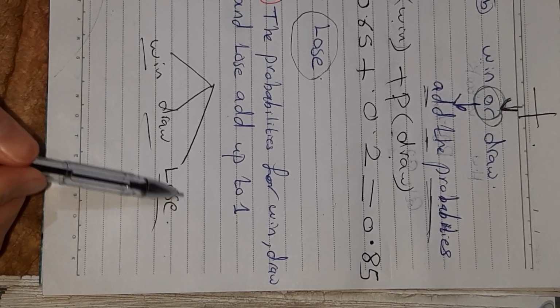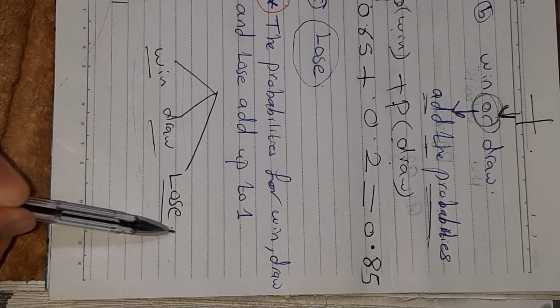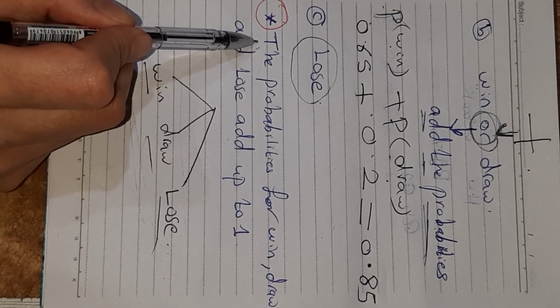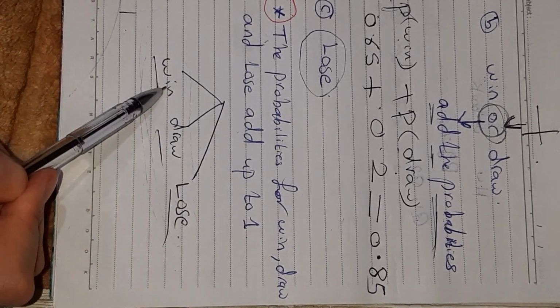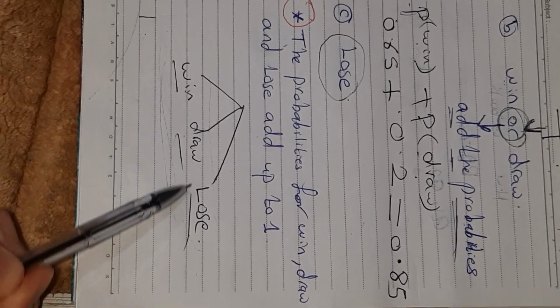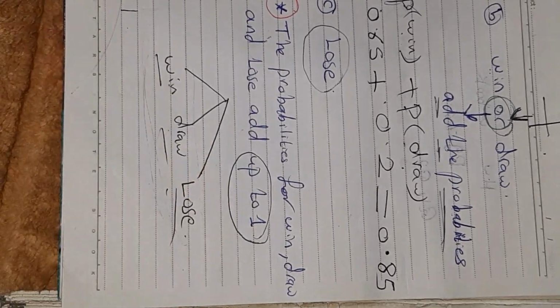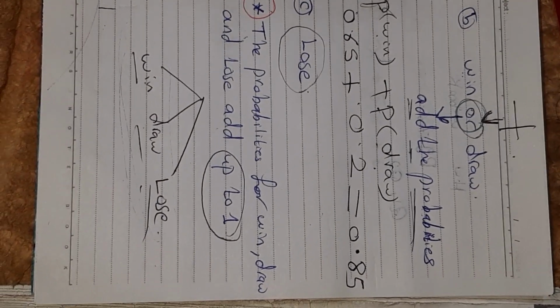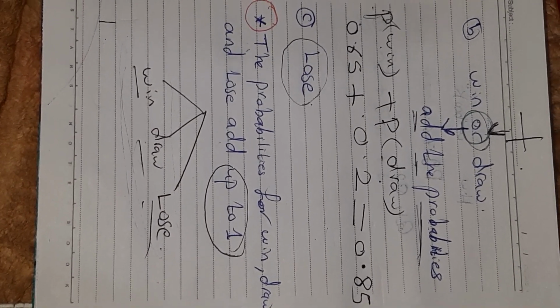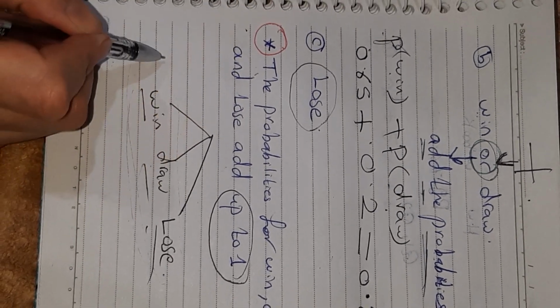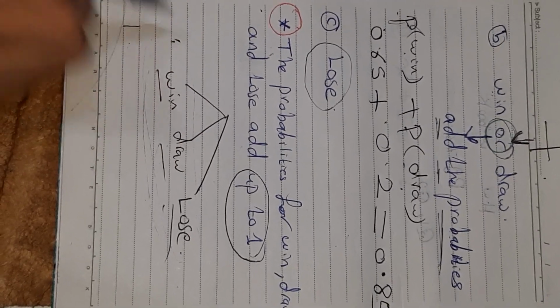You have to know the probability of getting these 3 outcomes here. The probabilities for win, draw, and lose add up to 1. Add up to 1. Now, you have to use this information to solve this question.